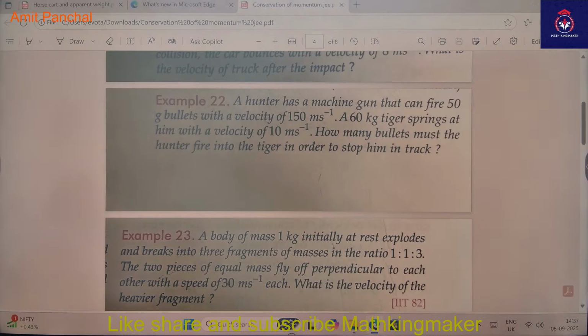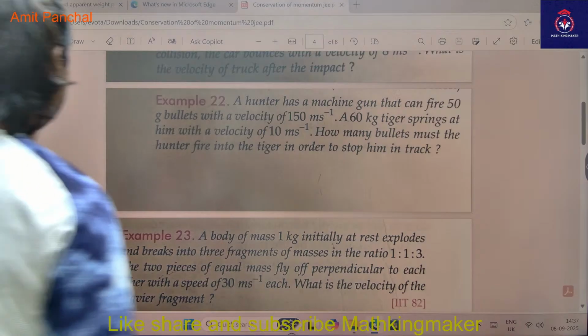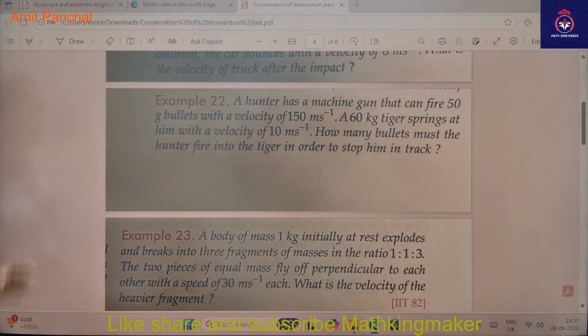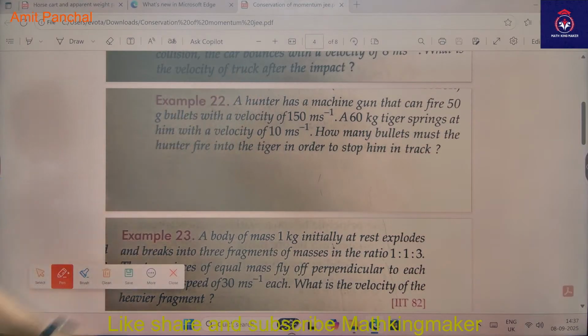Do you subtract the velocity of the car from the truck, or do you add them? See, the car of mass 1000 kg traveling at 32 meter per second dashes into the rear of a truck moving in the same direction. Before collision, your momentum has to be added because they are going in the same direction.